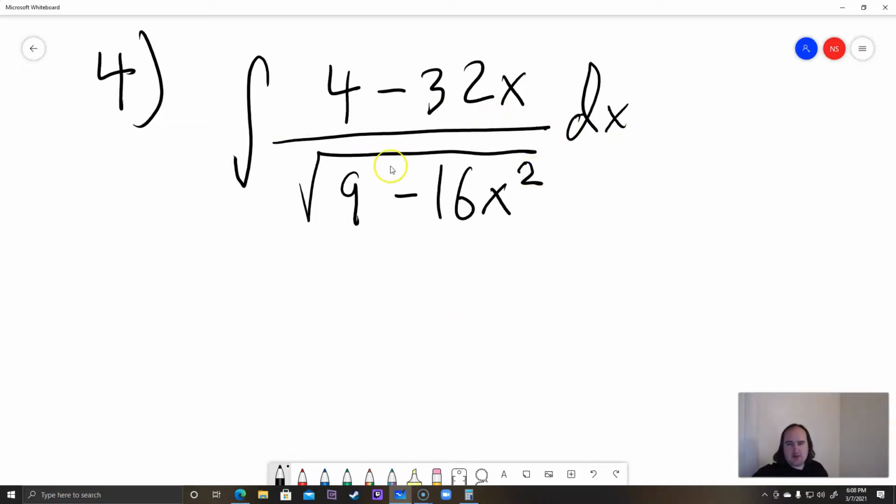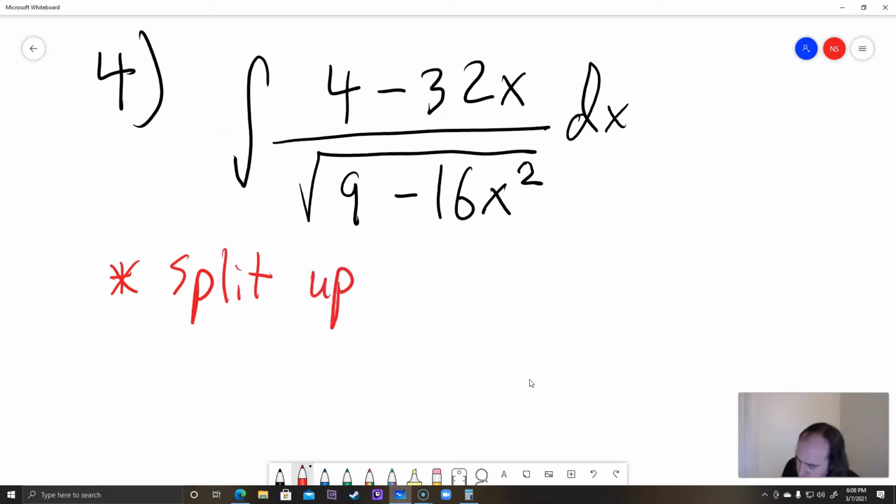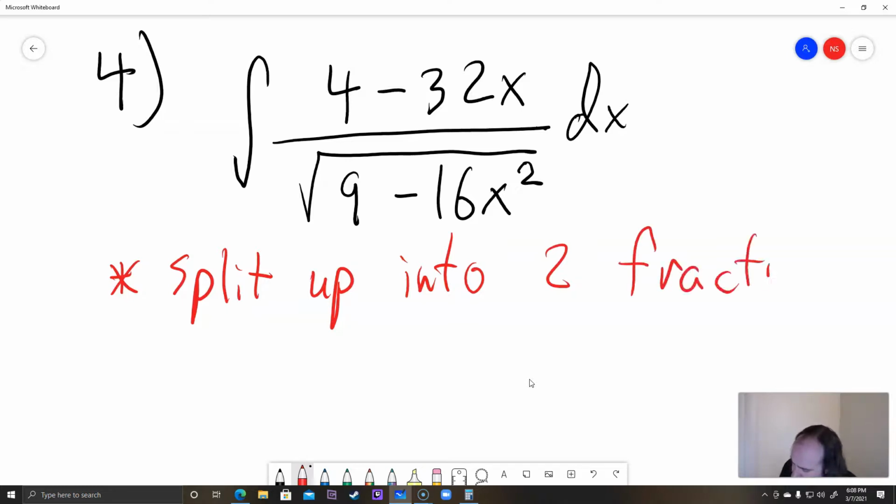So what you have to do instead, the trick here, would be to split up the integral into 2 integrals. Now you might be wondering, why am I allowed to do that? Well, if you have something with 2 terms on the top, you can split it up into 2 fractions. Here we have a 4, and then a negative 32x.